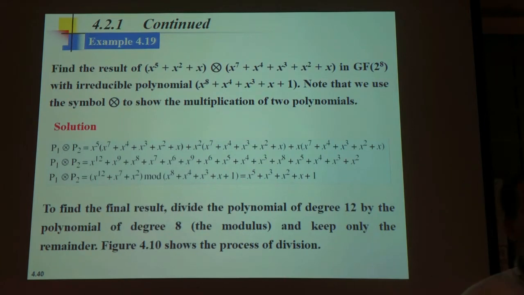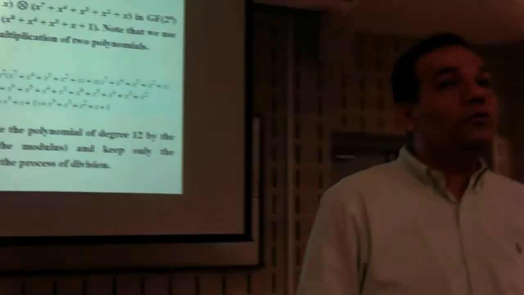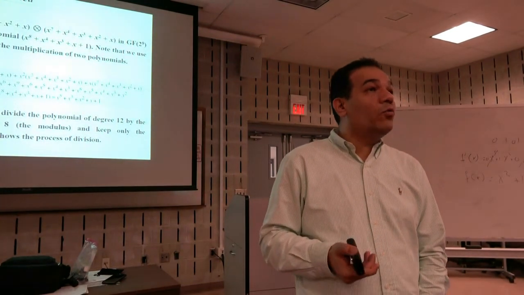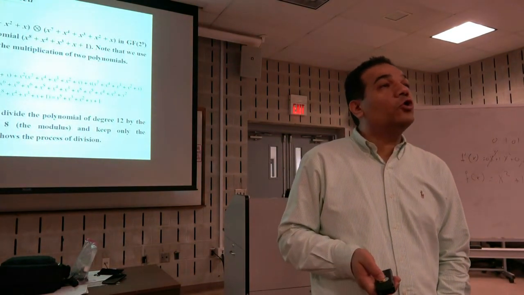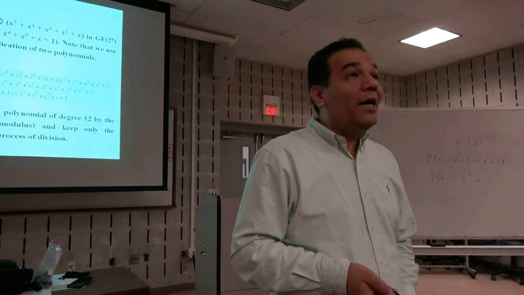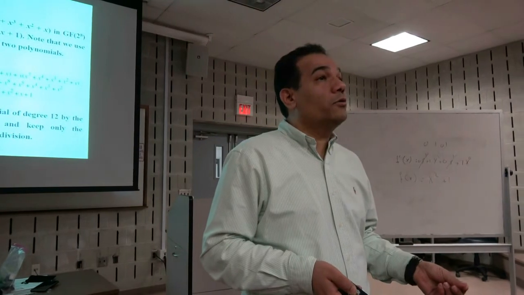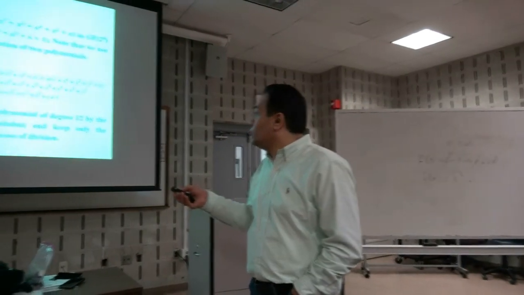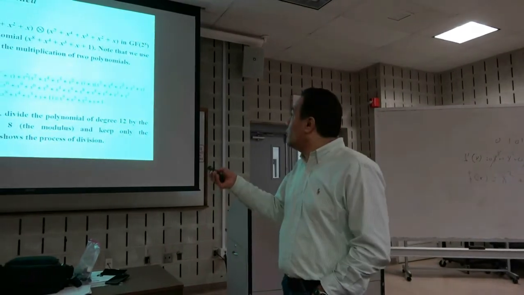So how many bits to represent this polynomial? 12 bits. But we're working with 8 bits. So we have to reduce it. To reduce it, we divide it by an irreducible polynomial, one of the ones in the table, to the required degree. What's the required degree?